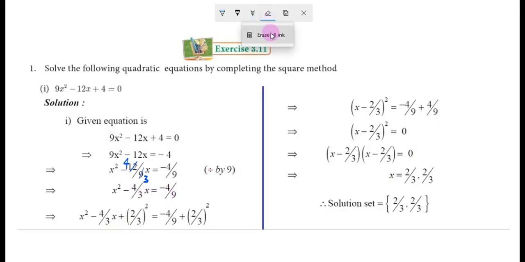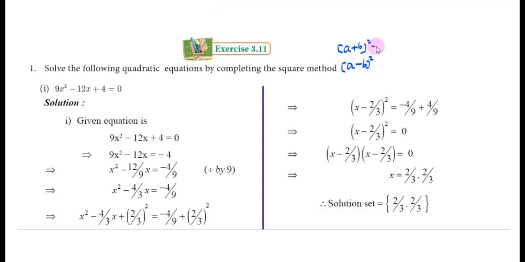Now x square minus 4 by 3x equal to minus 4 by 9. Okay, look, basically we will use the formula a plus b the whole square and a minus b the whole square. Understood?